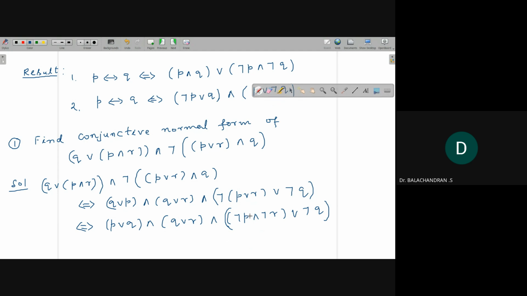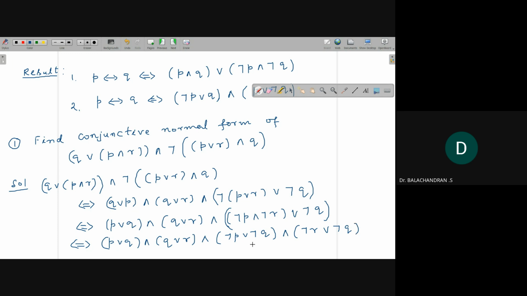Now again here you can apply the distributive law, because this is A and B or C. So this is equivalent to (P or Q) and (Q or R) and (negation P or negation Q) and (negation R or negation Q).